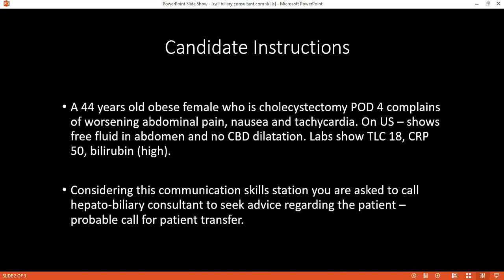Okay. How is the abdomen of the patient? Did you examine the abdomen? Yes, on examining the abdomen, there is generalized tenderness. However, there are no features suggestive of peritonitis, such as guarding or board-like rigidity. Okay. So why the call for referral?